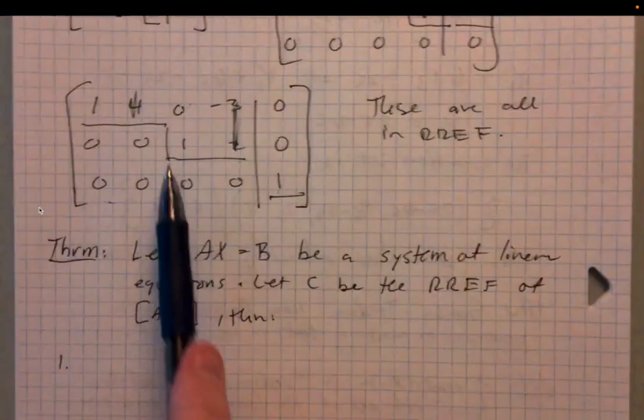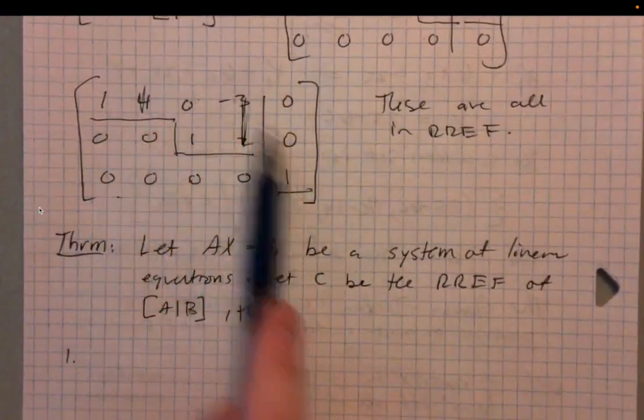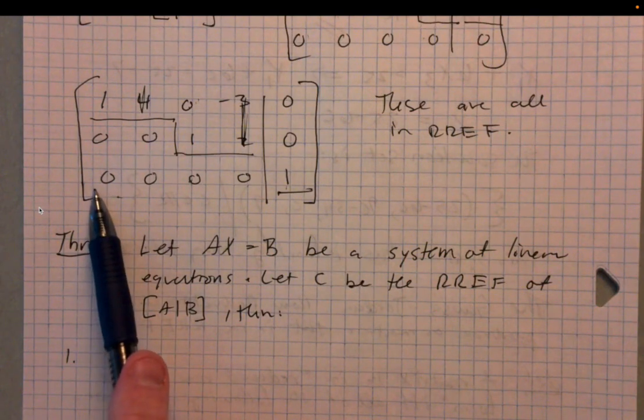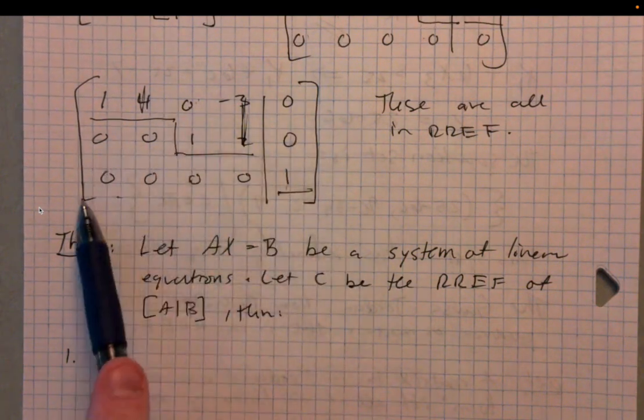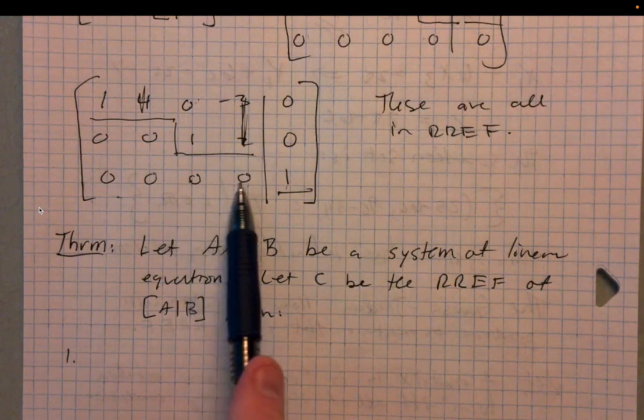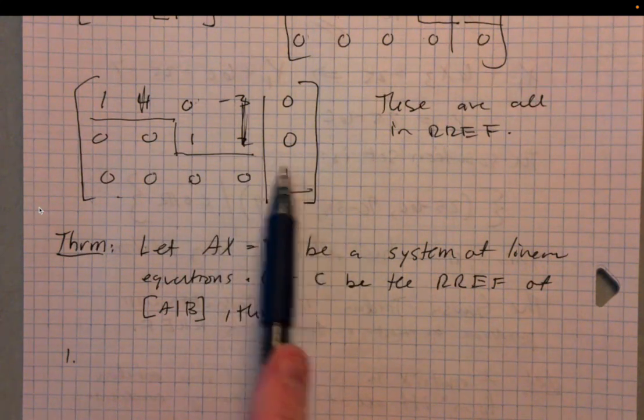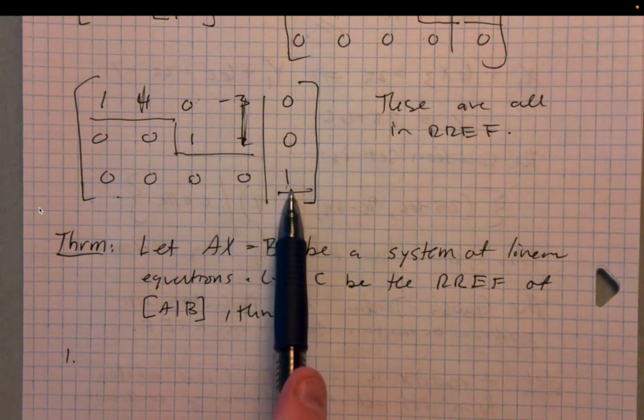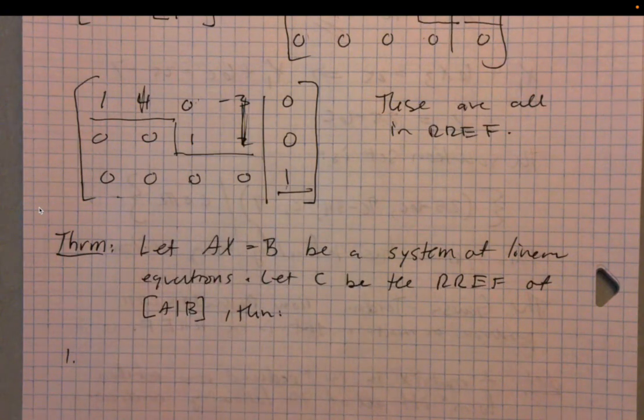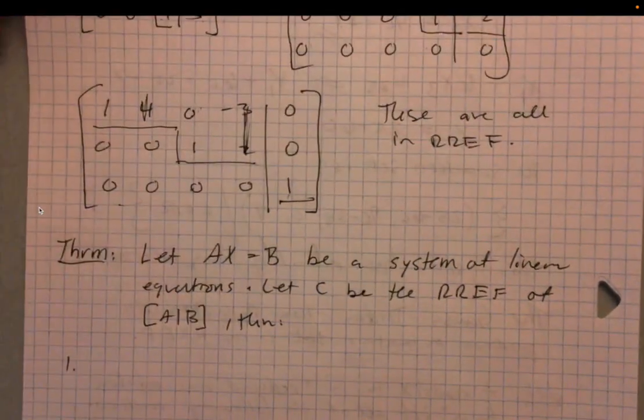So if you get this kind of pattern, where a row of the matrix C has a coefficient side that's all 0 but the scalar side is non-zero, then you have an inconsistent system, and AX equals B will have no solution.